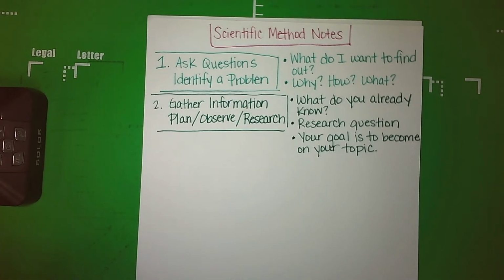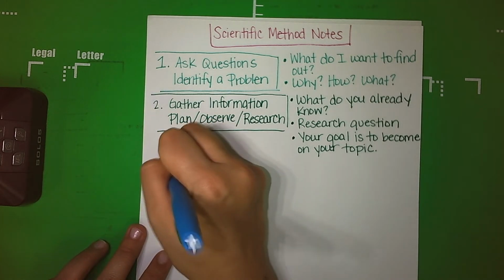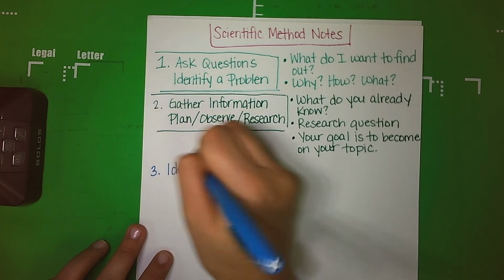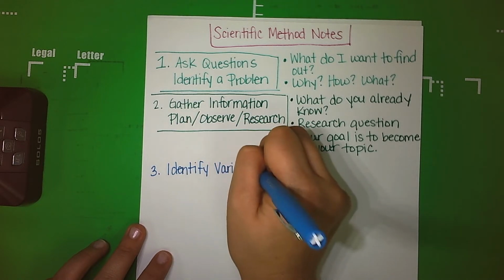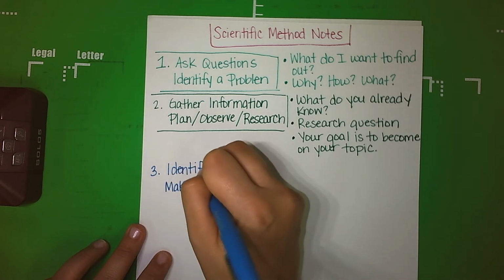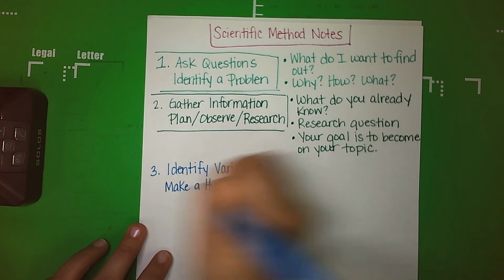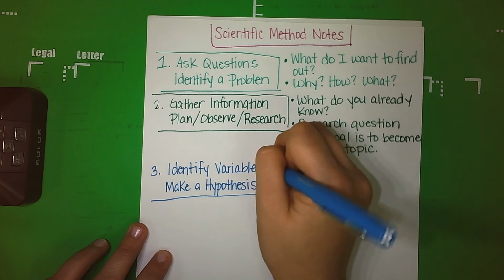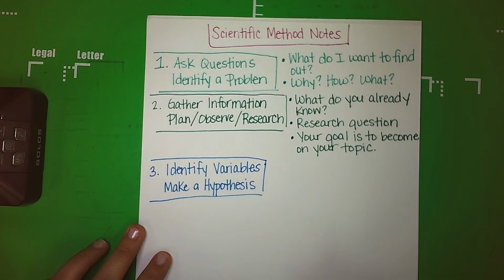Okay, so after you have gathered your information, you know about your topic, you know the things to do, the things not to do, your next step is to identify your variables and make a hypothesis. So now you're ready to identify your variables and make a hypothesis.